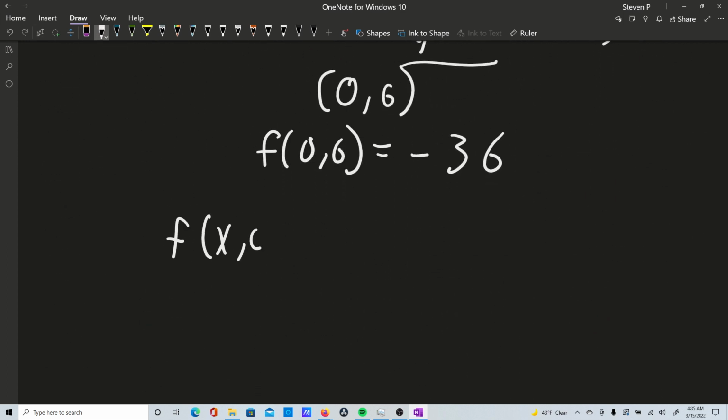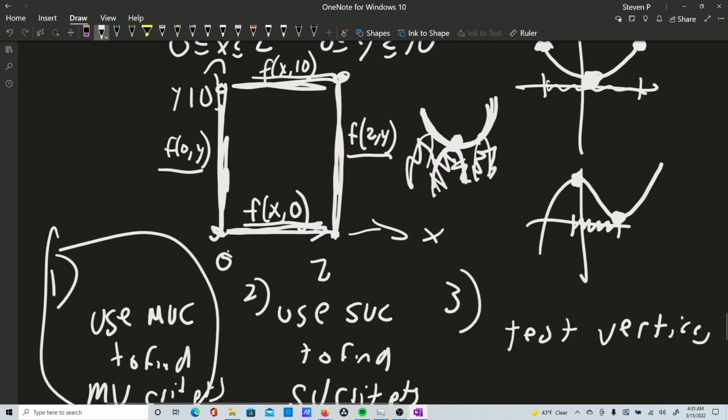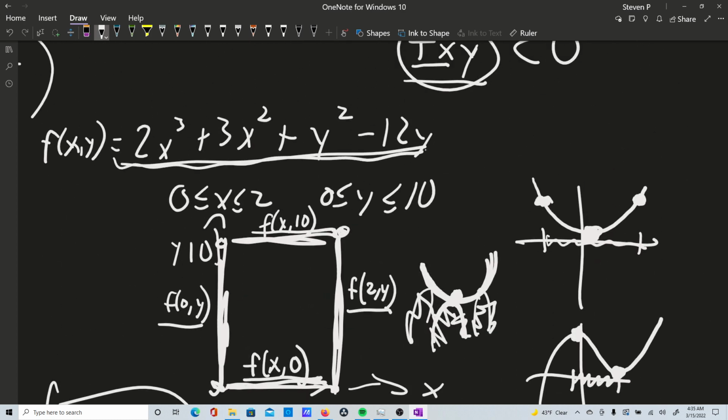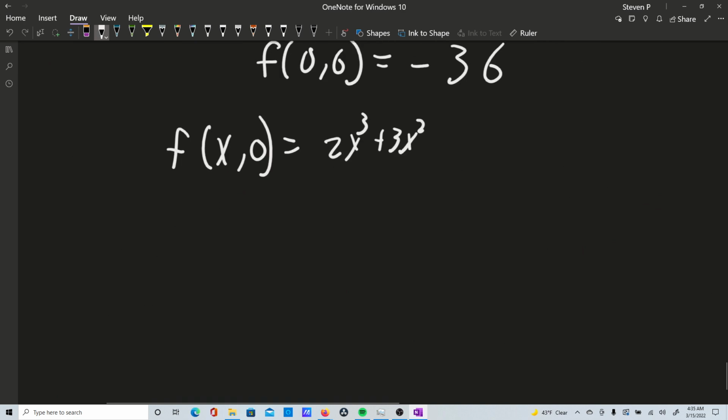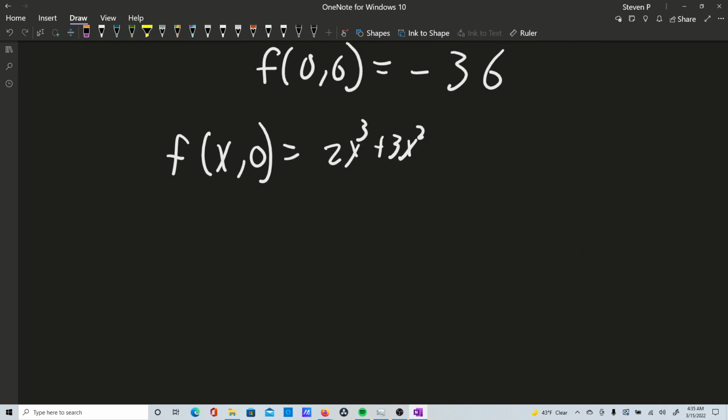So f of x comma 0 is just equal to 2x cubed plus 3x squared, because the y terms just go away. All I'm doing is taking the original expression and plugging in y equals 0, and this is what I get left with, 2x cubed plus 3x squared. At this point, let's call this g1 of x, to stop thinking about f.